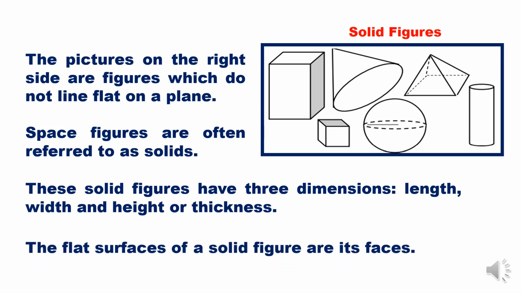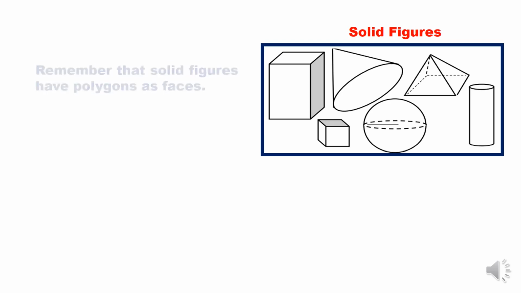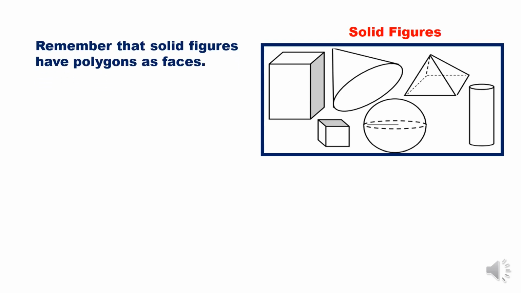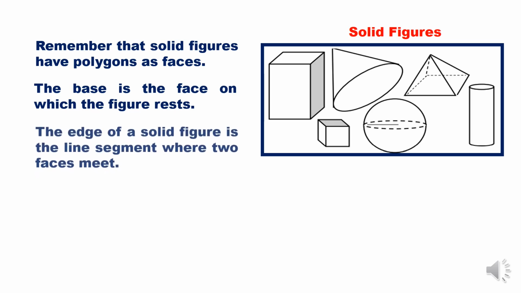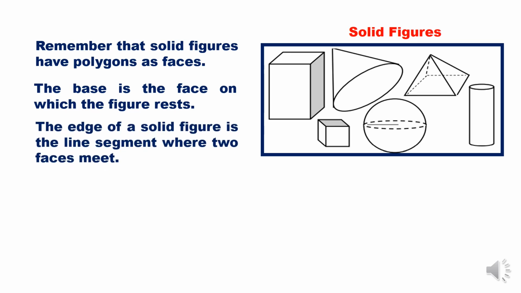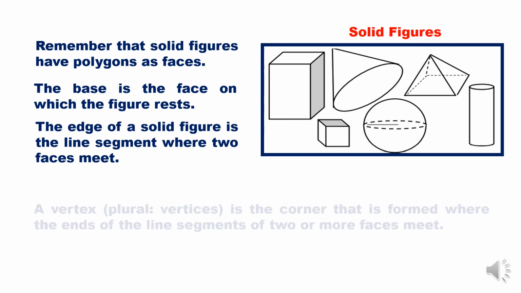The flat surfaces of a solid figure are its faces. Remember that solid figures have polygons as faces. The base is the face on which the figure rests. The edge of a solid figure is the line segment where two faces meet.